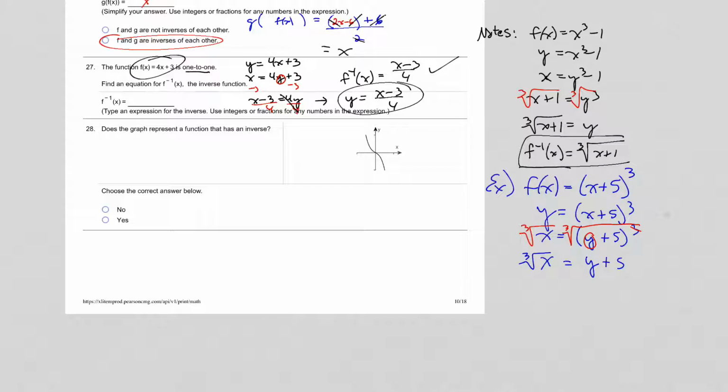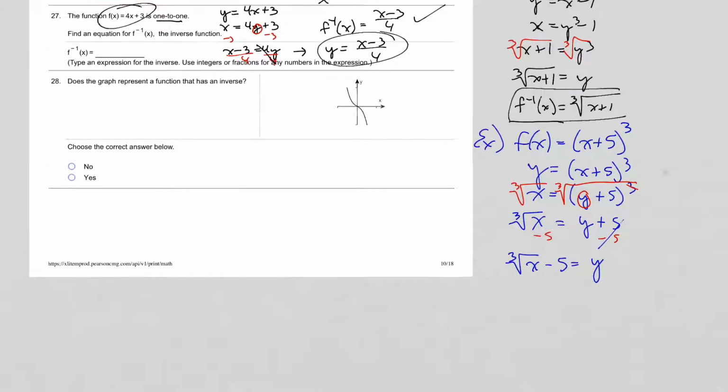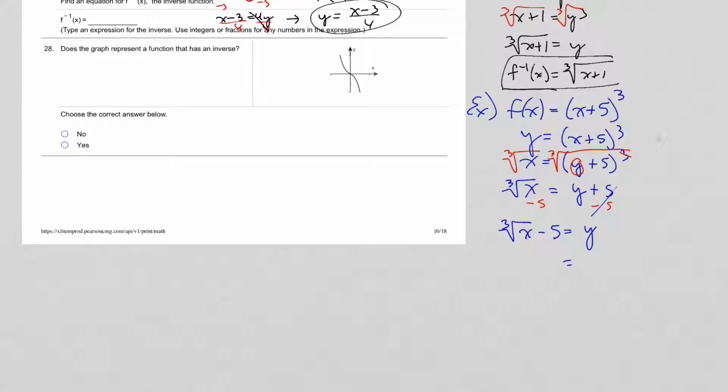And then we subtract 5 from both sides. And we replace this with our inverse function notation. Voila.